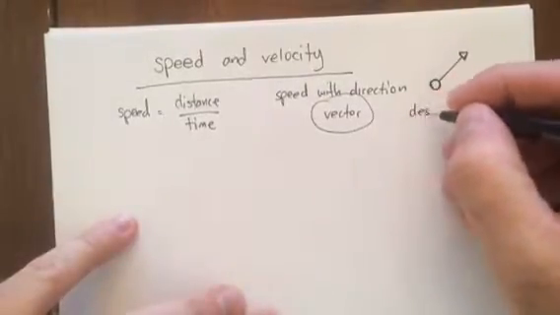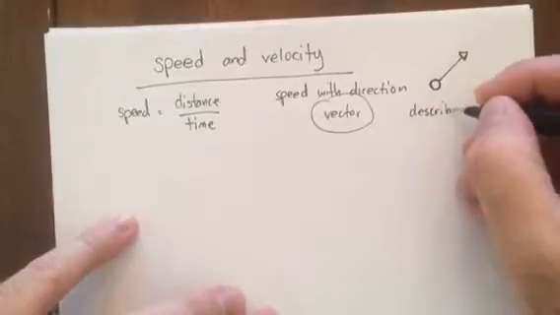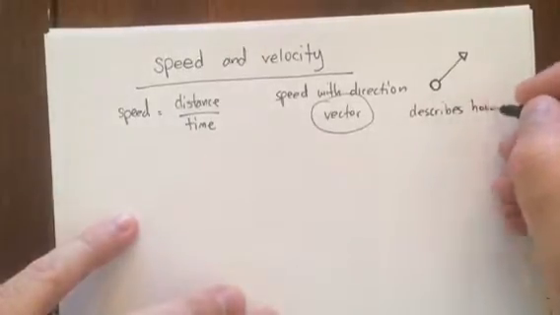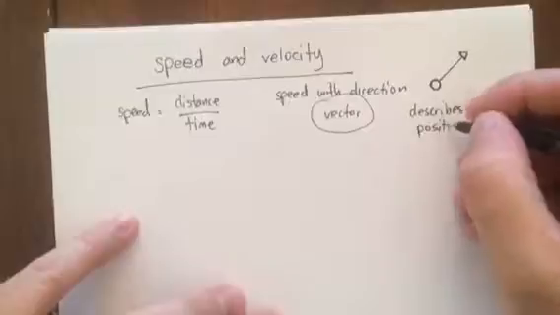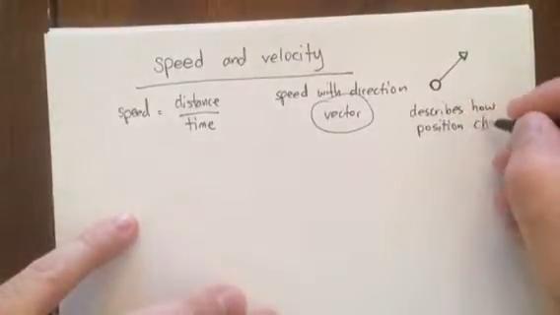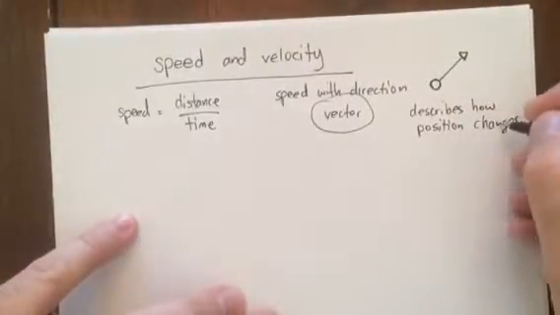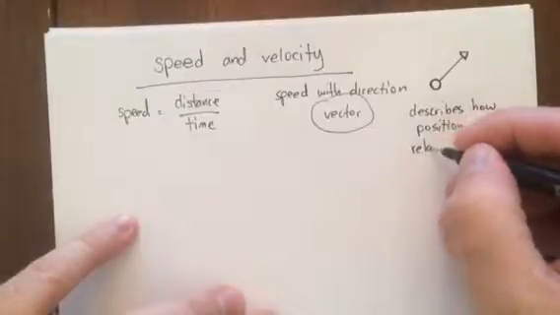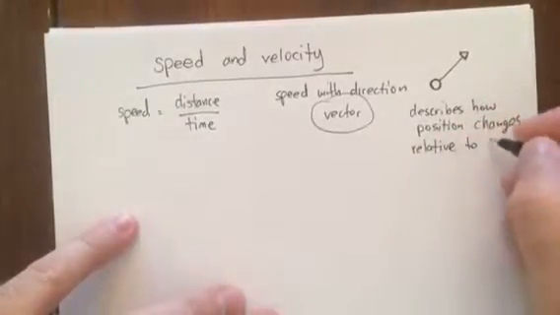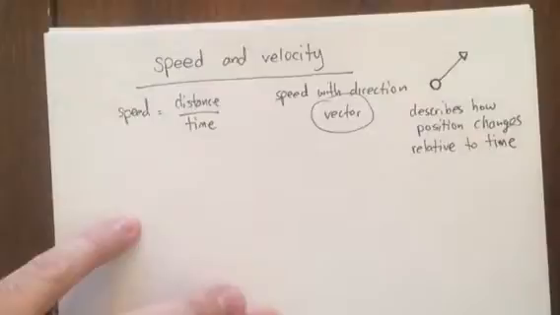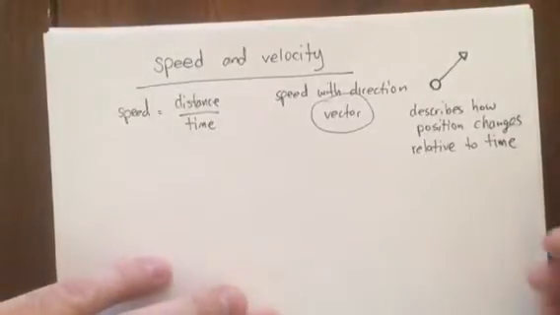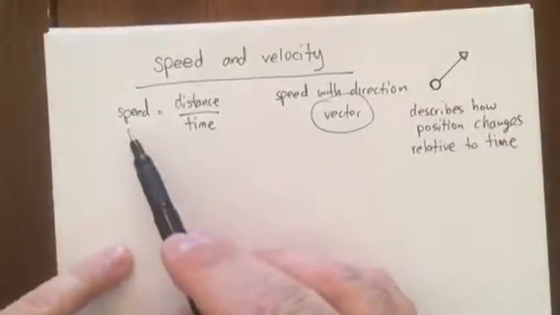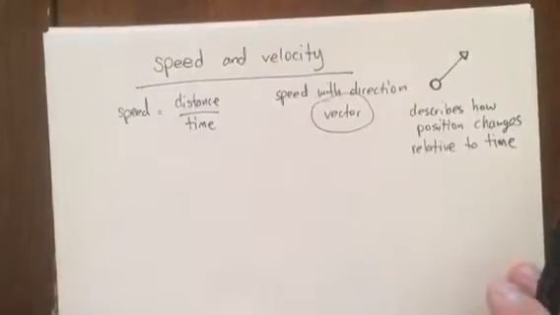Velocity describes how position changes relative to time. So if your position changes, meaning you're not in the same spot sometime later, then you must have some speed or velocity to change your position.